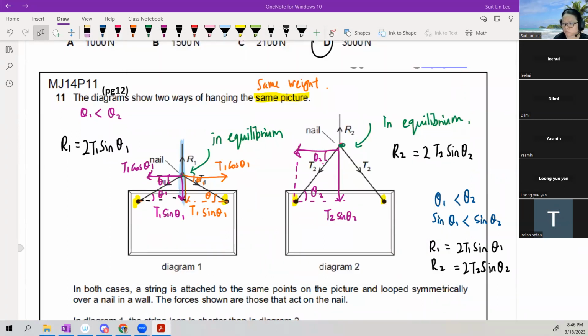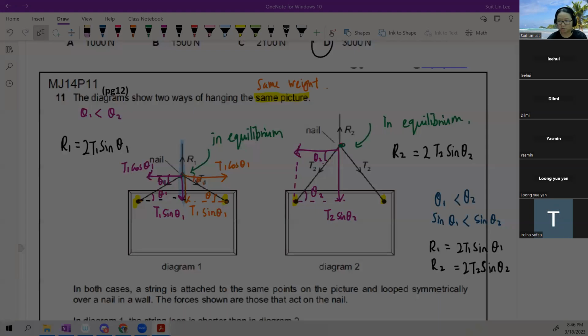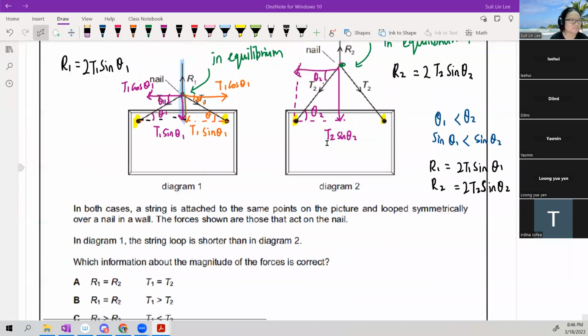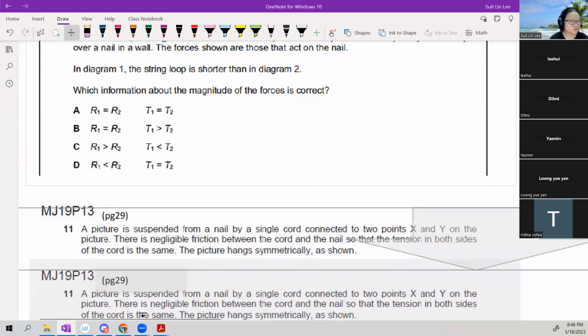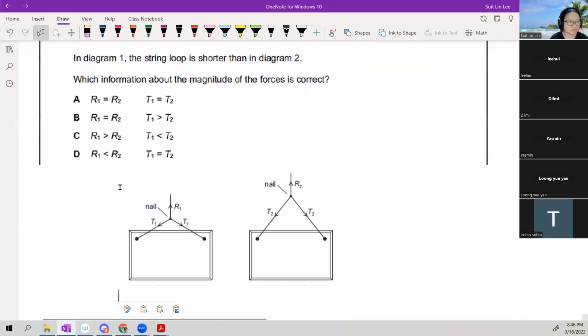But hang on, let me find the question first so I can crop the diagram. In fact, if you look at the past year paper, they gave you an entire page to do this question, which I find hilarious. But anyway, let me drag this down a bit.